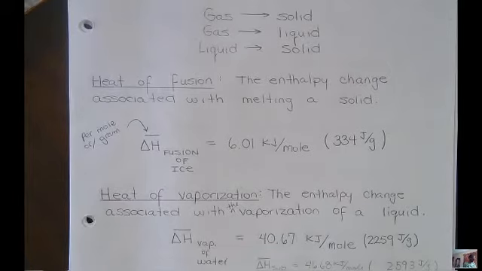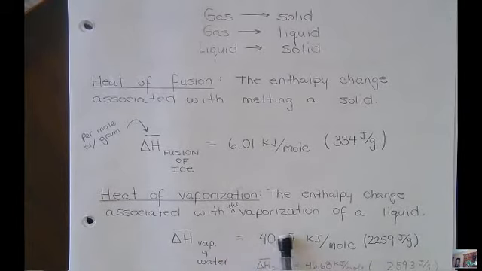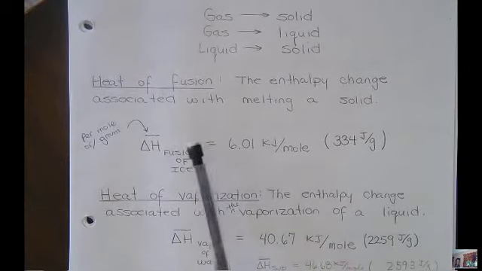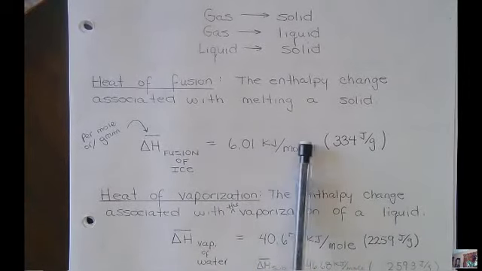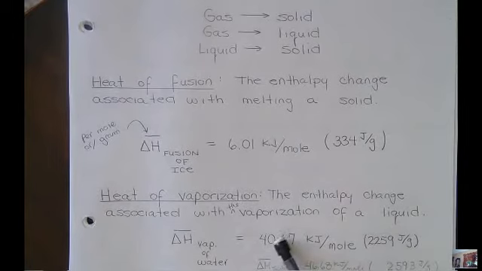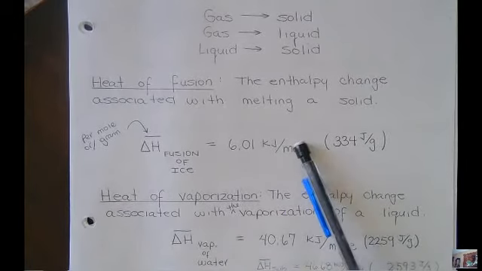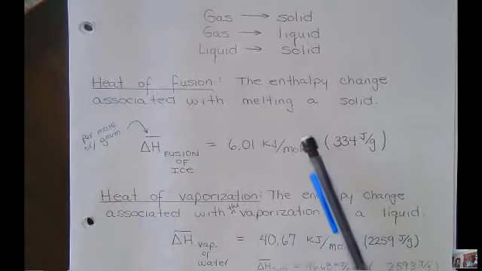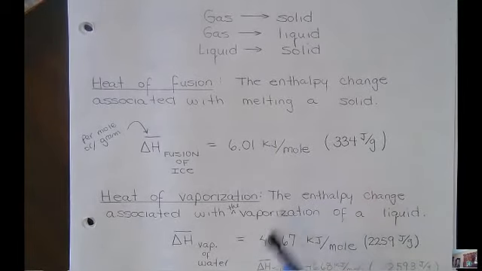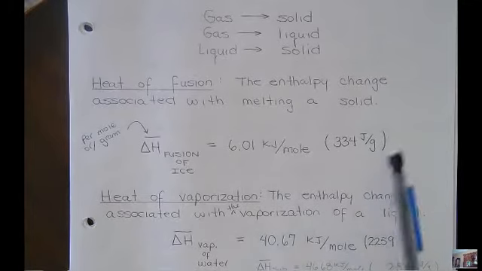It's 6.76, so almost 7 times as much energy is needed to vaporize a gram of liquid water as compared to melting 1 gram of solid ice. So this is a lot tougher process, 7 times harder to boil or vaporize something than it is to melt it.